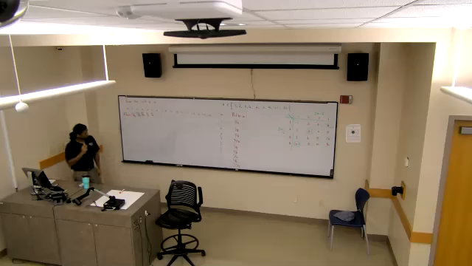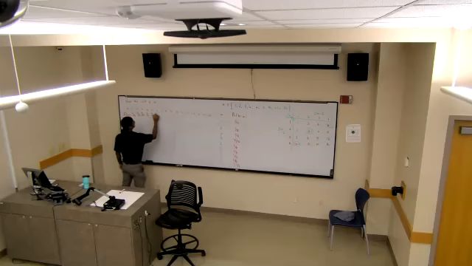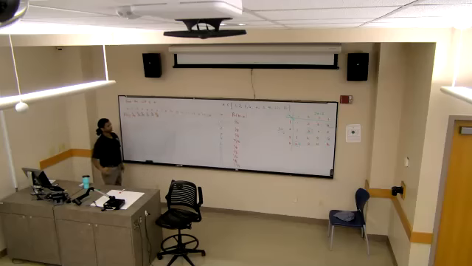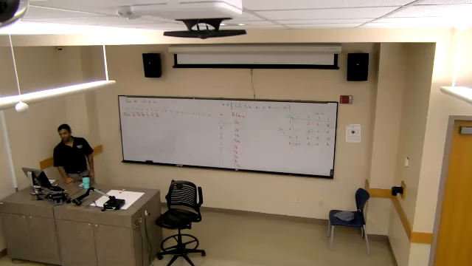For 6, 10 out of 16, which is 5 out of 8. No, I'm doing the cumulative probability, not the outcomes. That makes more sense.